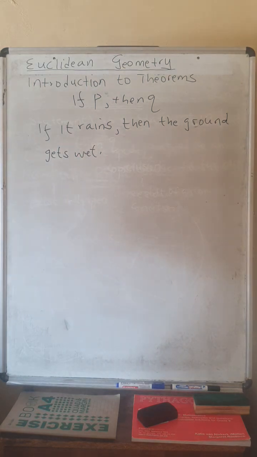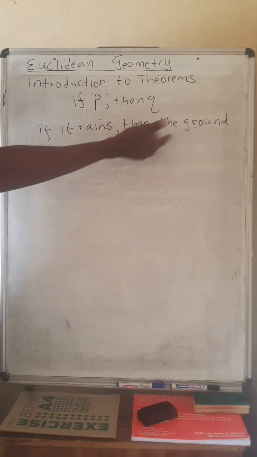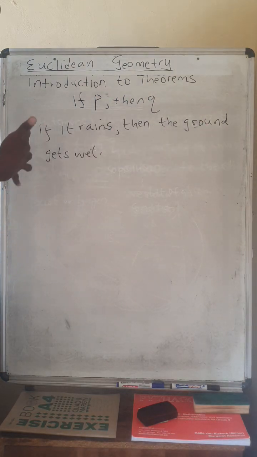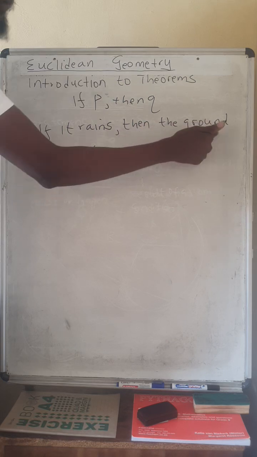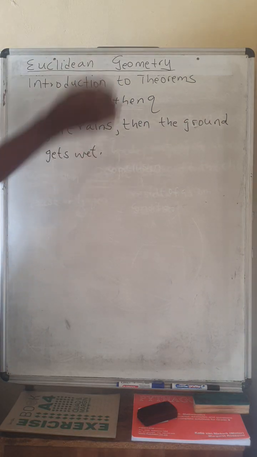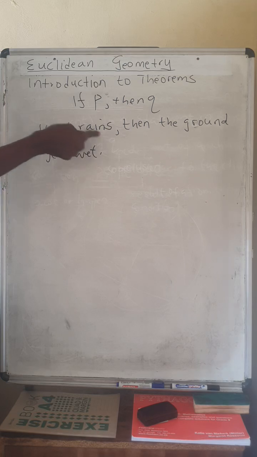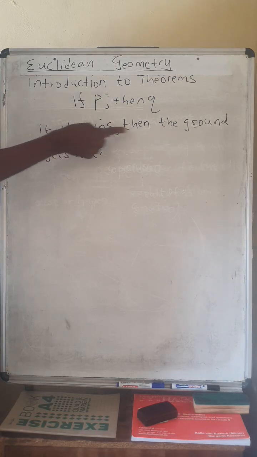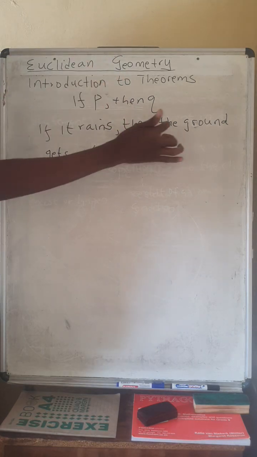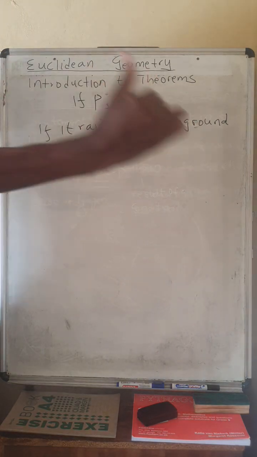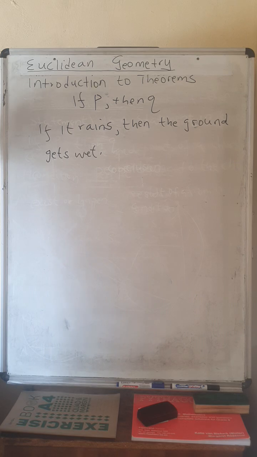What does that mean? It means that based on this statement, in order for the ground to get wet, something must happen first. And what is that thing that must happen first? It must rain first. So if it rains, then the ground will get wet. So you can agree with me, the ground getting wet becomes the result of what? Of rain.